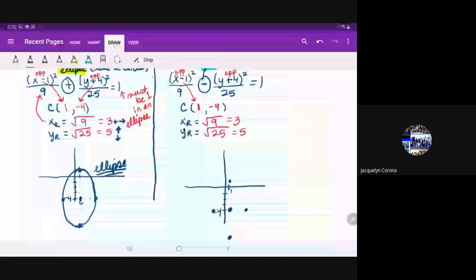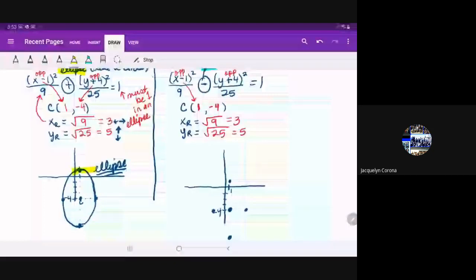Okay, so what you're going to do on this one, the ellipse is done. What you do on the hyperbola is, and I'm going to draw it actually on the ellipse, I'm going to erase it in a minute, so just look at this, okay? What you do is you make a rectangle. So don't draw this on the ellipse, just take a look at it.